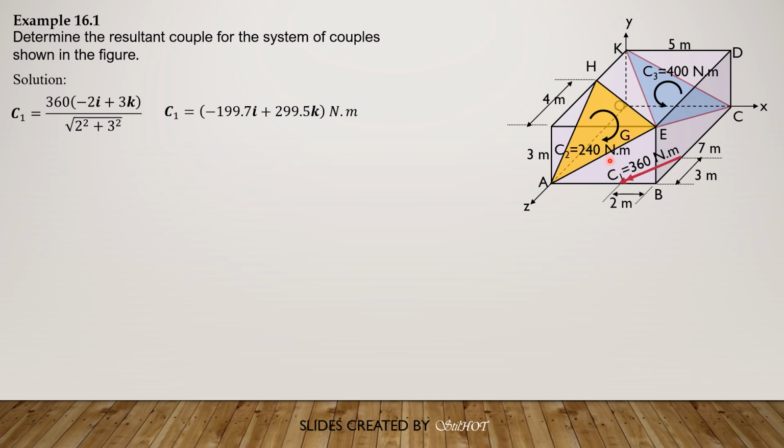Then couple 2: since it is in this sense, we have to define the axis of this couple. It is directed perpendicular to this plane, but the double arrow is at the back of this pointer.